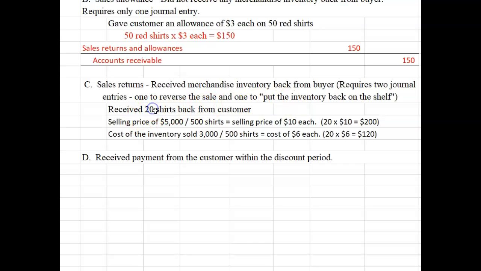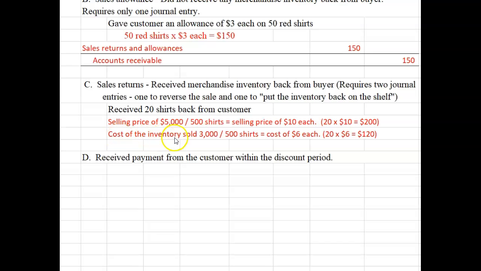We received 20 shirts back from the customer. Let's do some math on that. I'll put it in red so it stands out. Let's find out the per shirt selling price. The selling price of $5,000 divided by the 500 shirts sold equals a selling price of $10 each. Let's find out the per shirt cost of goods sold.